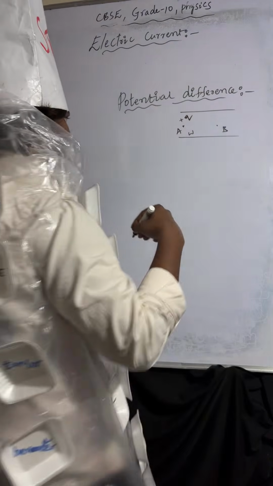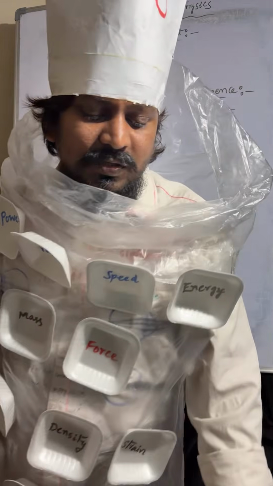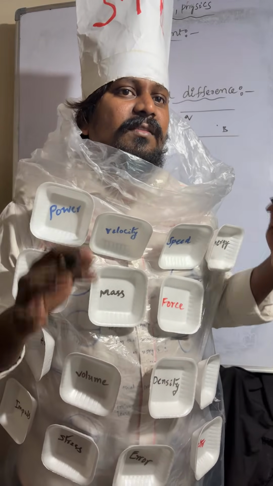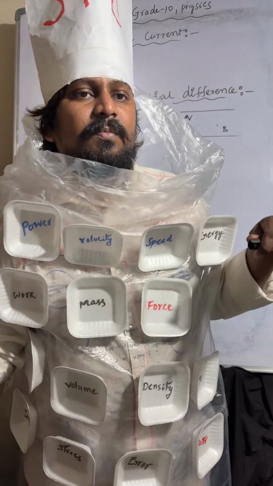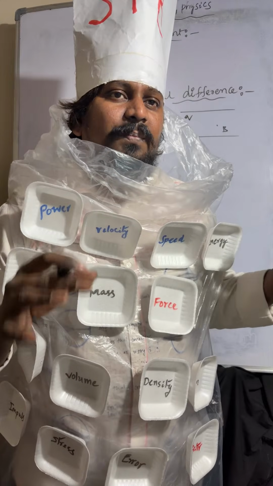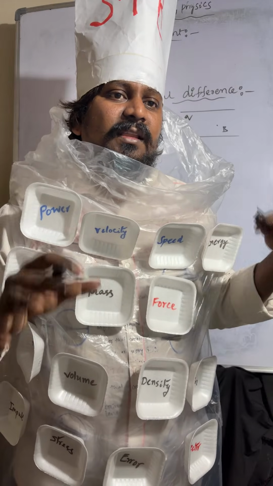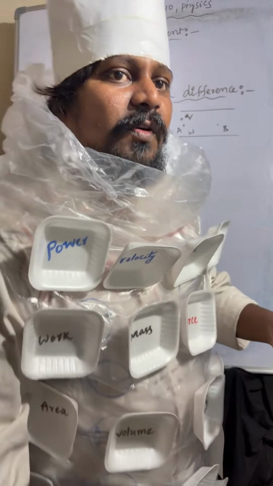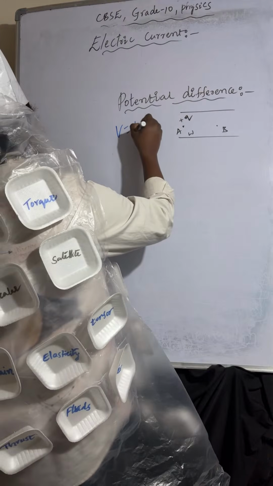We are doing some work to bring a unit positive charge from one point to another point within the conductor. That is called potential difference. So V equals W by Q.